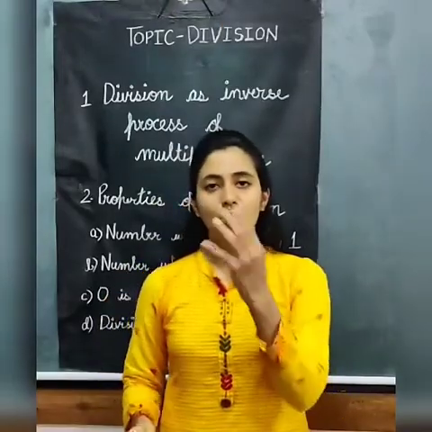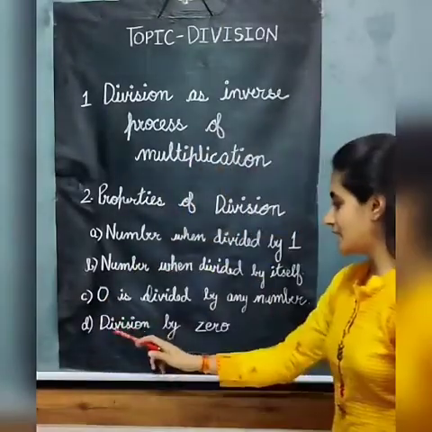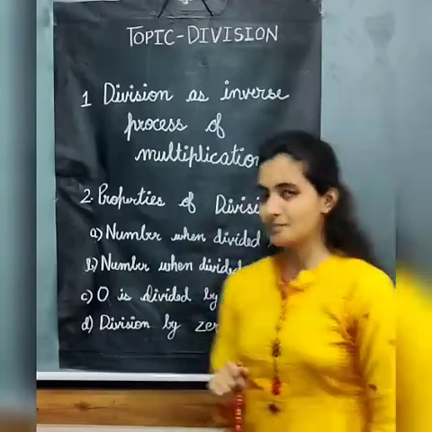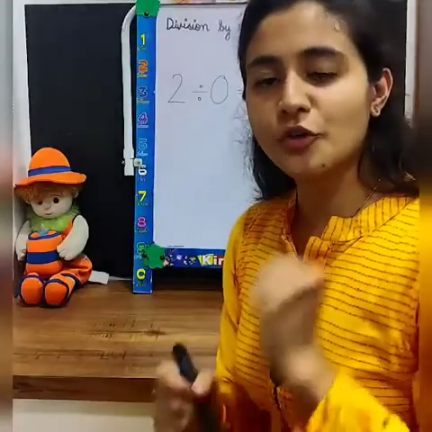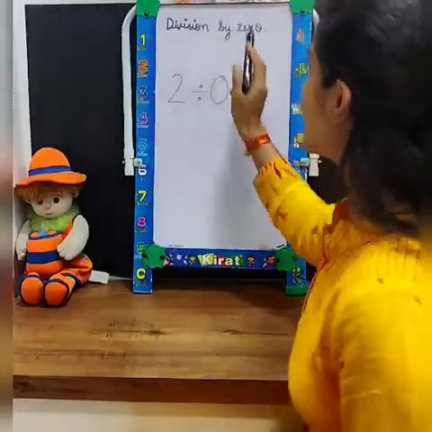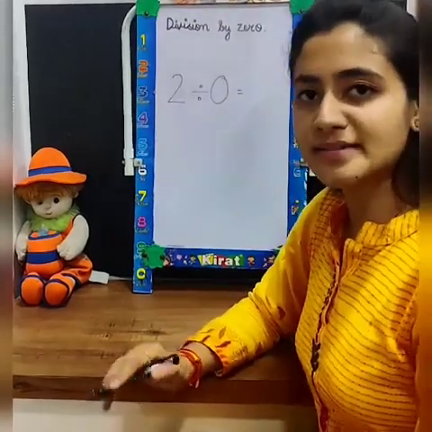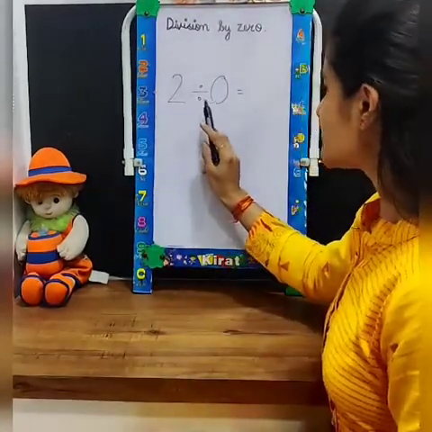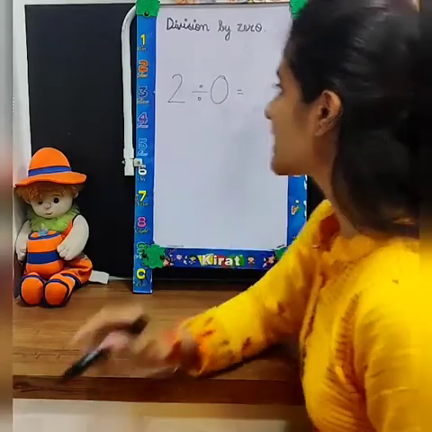Now let us do fourth property. Division by 0. Let us take one example. 2 is divided by 0.